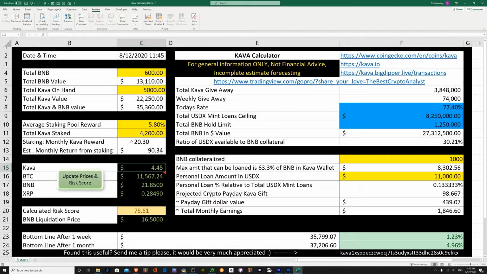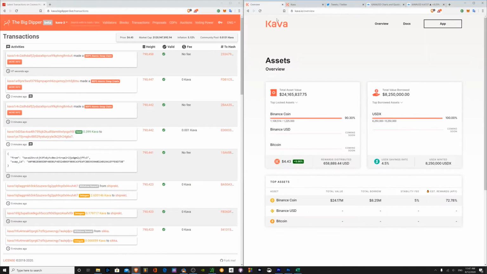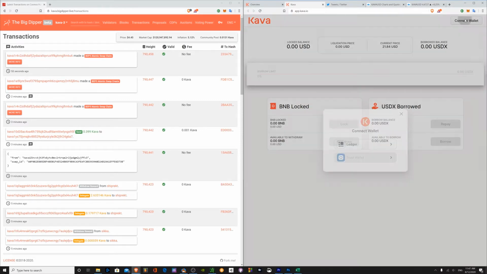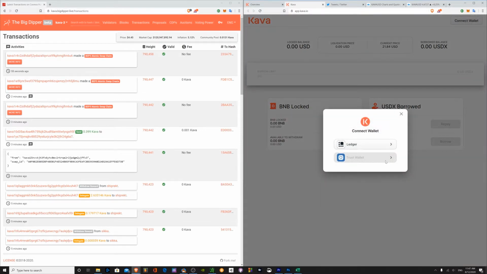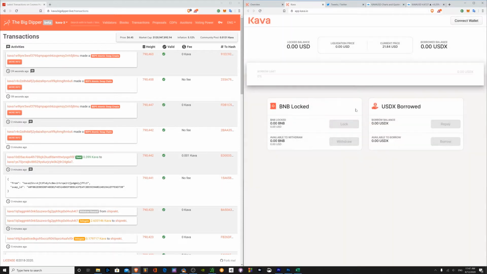So once your wallet is set up, you can go ahead and deposit to your Cosmos Station wallet, or for the purpose of staking, you can choose to go to Kava's website. And if you have a Ledger, so we would try to connect a wallet, if you have a Ledger or you have Trust Wallet set up, then you can go ahead and use those to lock in and stake your BNB.